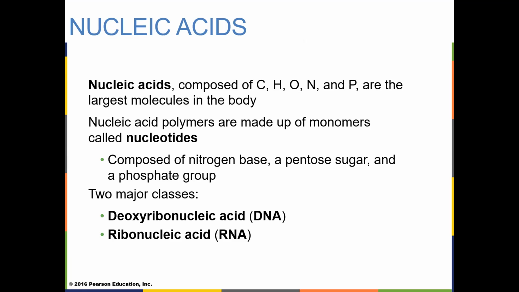The two classes of nucleic acids are the deoxyribonucleic acid, the DNA, and the ribonucleic acid, the RNA. The difference is that the DNA has one less oxygen than the RNA. That's why they call it deoxyribose nucleic acid. You kicked out an oxygen somewhere.